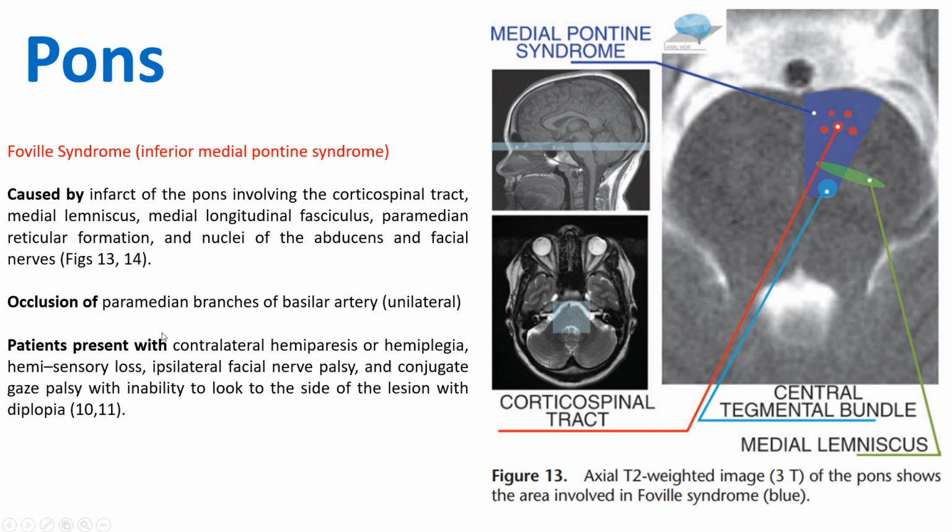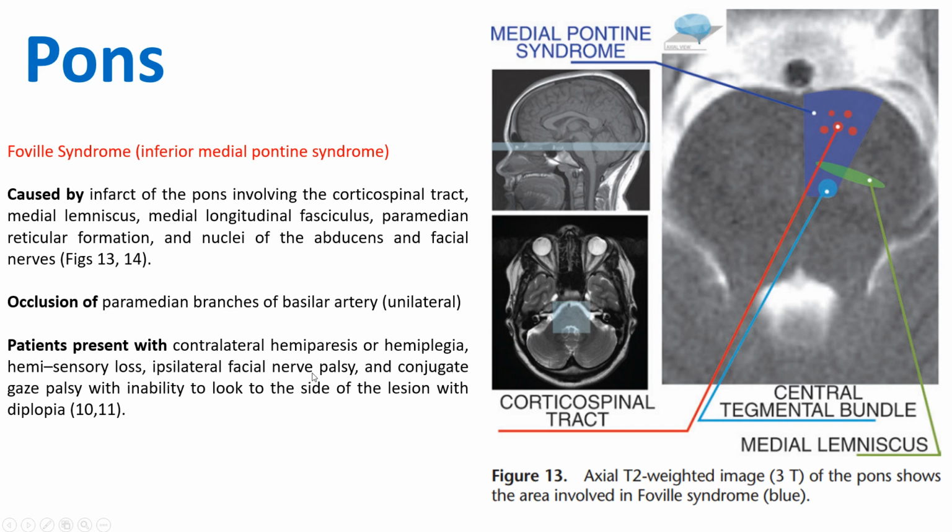The patient will present with contralateral hemiparesis or hemiplegia on the opposite side, hemisensory loss, ipsilateral facial nerve palsy, and conjugate gaze palsy with inability to look to the side of the lesion, with diplopia. Why do we have diplopia? Due to affection of the abducent nuclei and paralysis of the lateral rectus muscle.